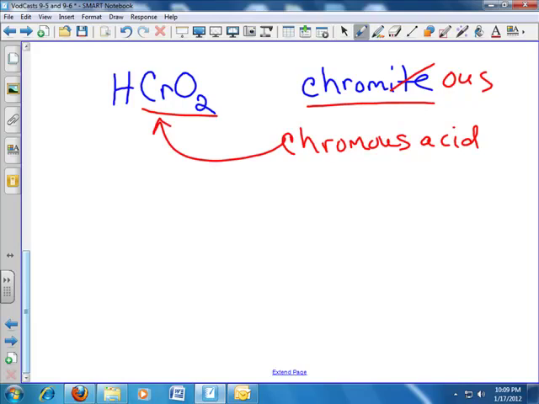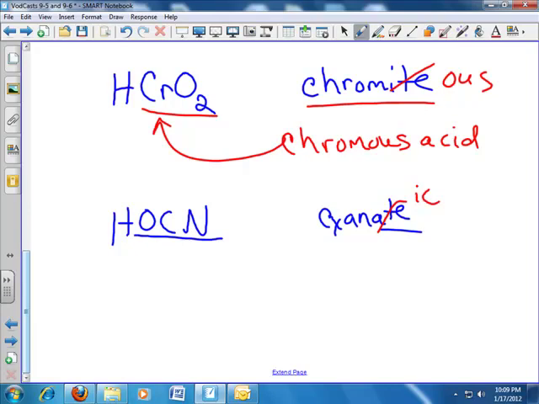That particular compound is chromous acid. If I give you HOCN, OCN is called cyanate. Well, there's that ATE ending, which becomes an IC. So this would be cyanic acid.